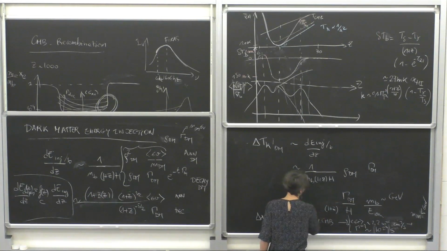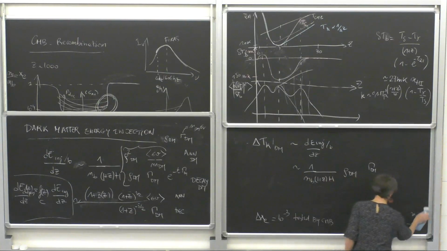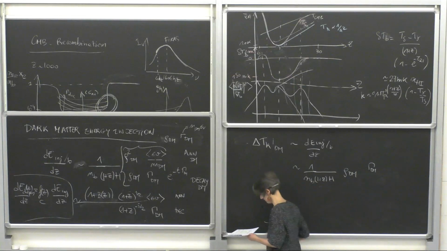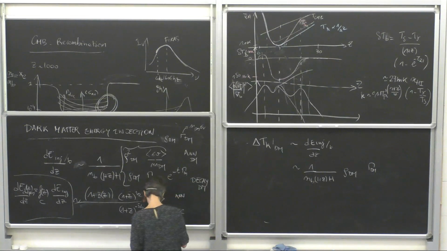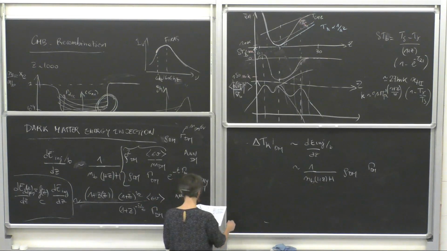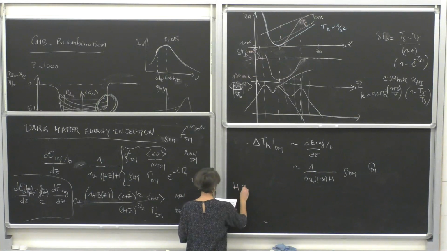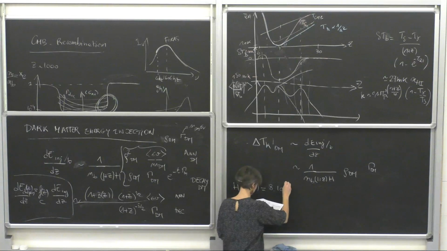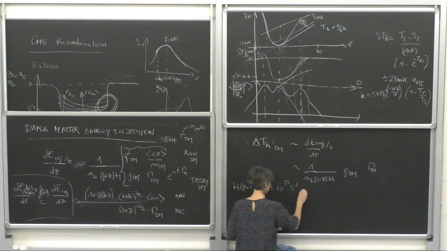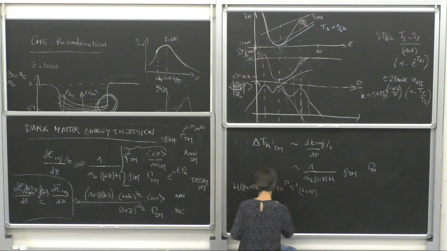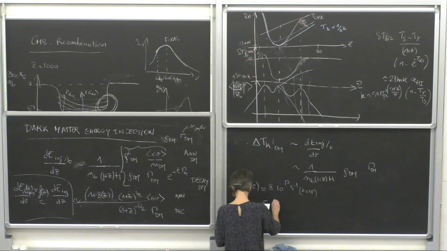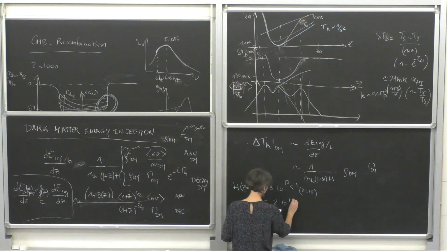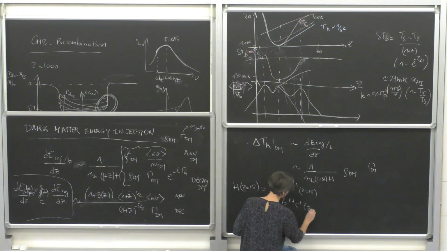Unlike the CMB, the Hubble rate is also different at these times. So the Hubble rate is of the order of 10 to the minus 17 second minus 1 at redshift 15, and 10 to the minus 17 second minus 1 at redshift 5.